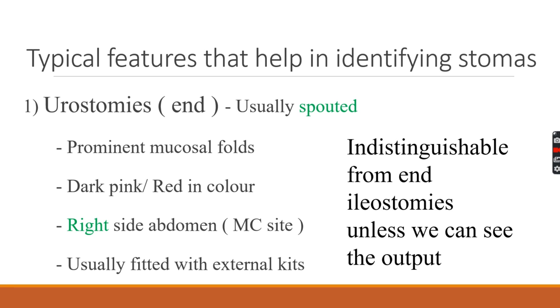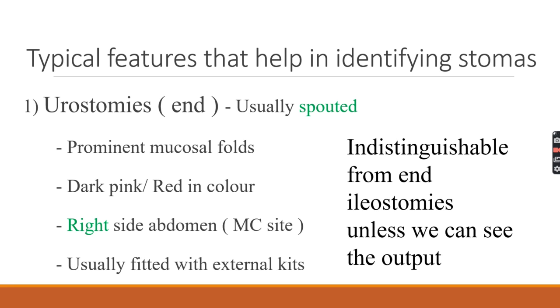And finally, the urostomies, basically the end urostomy. We have already removed the distal part, and usually the opening is spouted, as was seen in ileostomy. Why? Because urostomy contains a disconnected part of ileum, the small bowel. So a spouted opening is there, right?